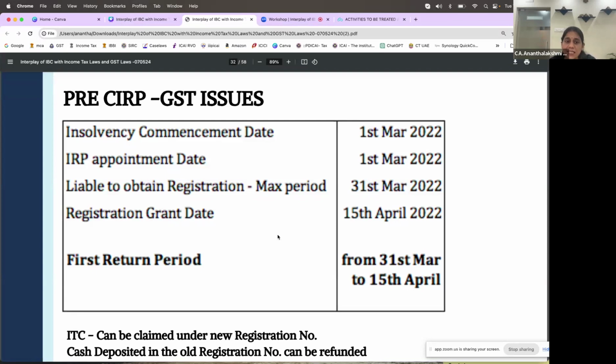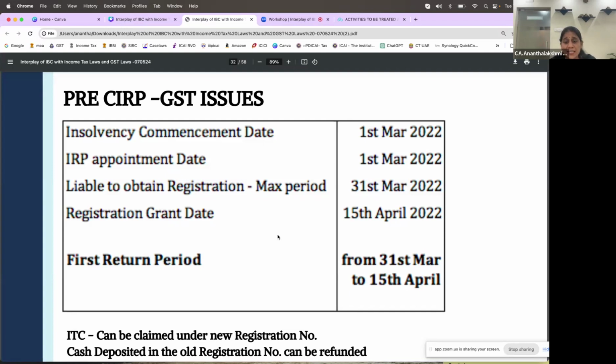And the registration will not be granted on 31st March 2022. Some days they have to take because of the physical verification and certain compliance procedures. So assume that registration has been granted on 15th April 2022. What is the first return period? The Section 40 period starts from 31st March.